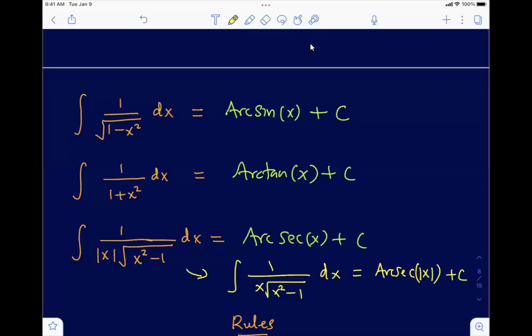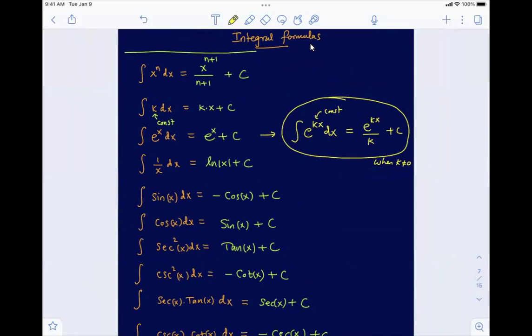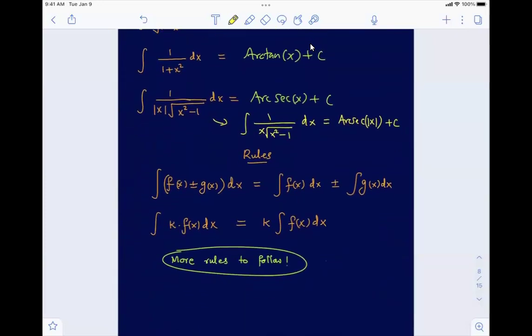So now, given these formulas, and this is my recommendation, do you recall what you did for derivative formulas? You had one page of derivatives, and just after the derivative formulas, you had rules. You had all of them in one single page. My recommendation is for you to do the same with the integral formulas that you see here, together with these two rules.